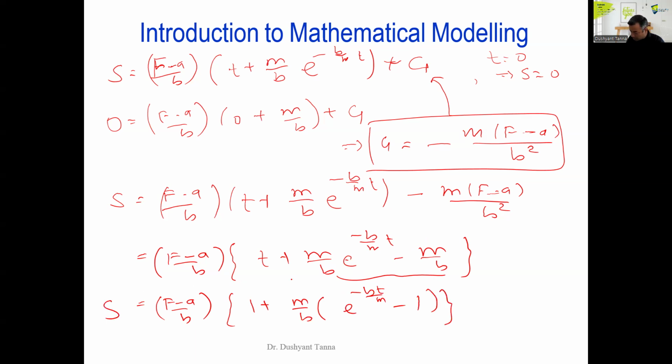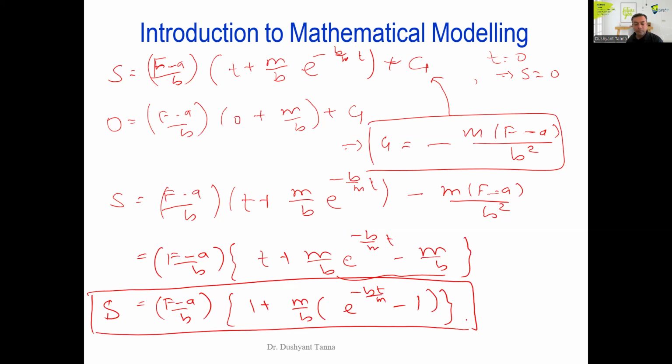This is my s, right? And then you can go for validating this model if you think you should, right? So that's your s, right?